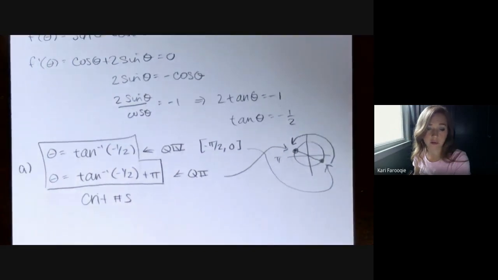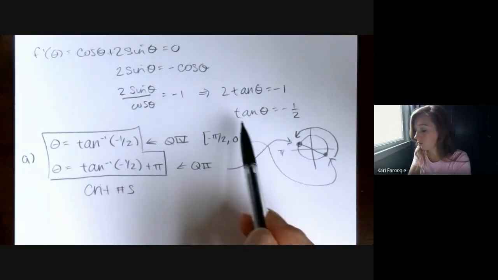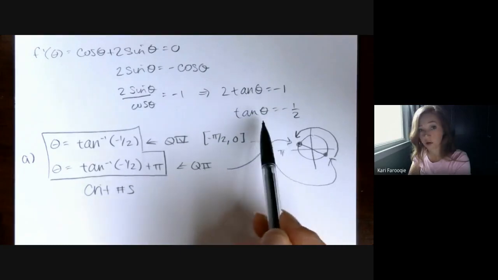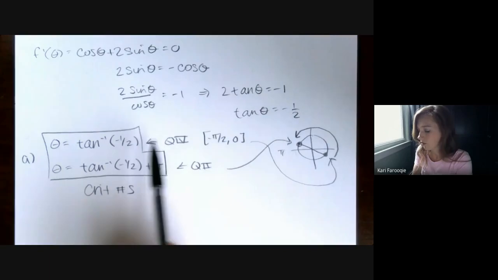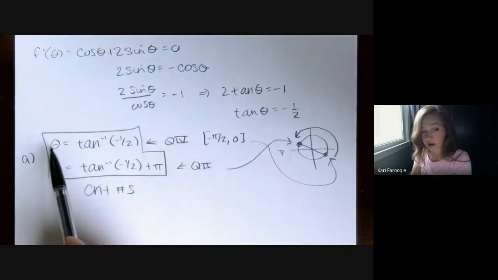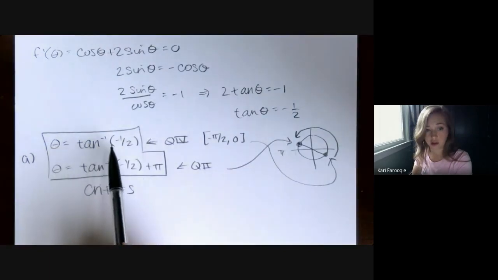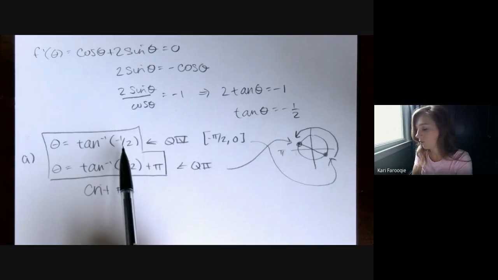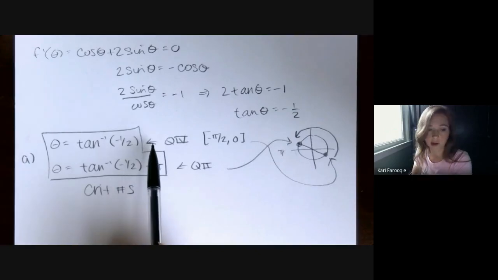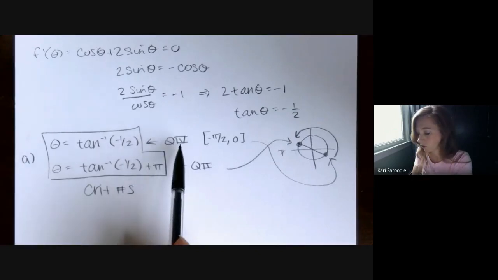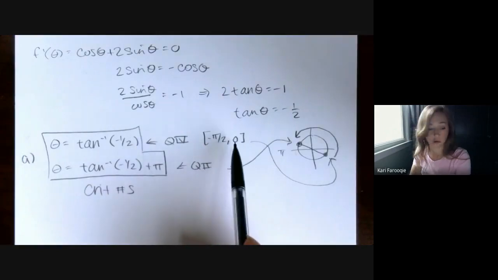Then we said that tangent theta equals -0.5. We don't know of any exact angles where the tangent value would be plus or minus 0.5 even. So we just said, okay, theta must be the inverse tangent of -0.5. By definition of the inverse tangent, when it's negative, your calculator and just the definition of it automatically will put that into quadrant 4, between negative pi over 2 and 0.